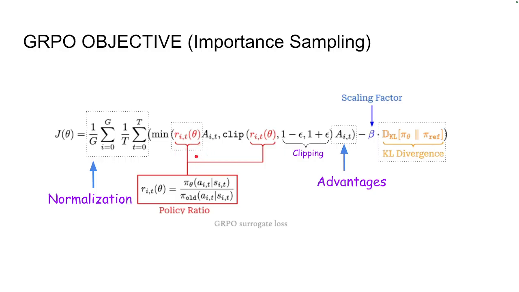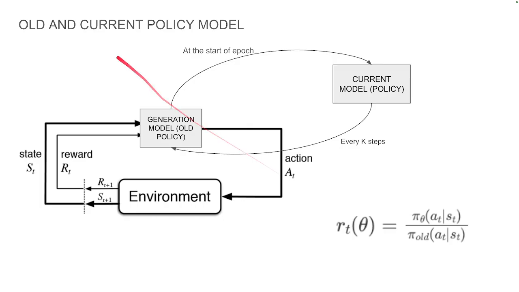So this clipping is kind of signaling and correcting for the fact that you have a generation policy which is generating the trajectories, and you have a current policy which is responsible for getting the gradients based on the advantages and updating itself, and then syncing with the generation policy.